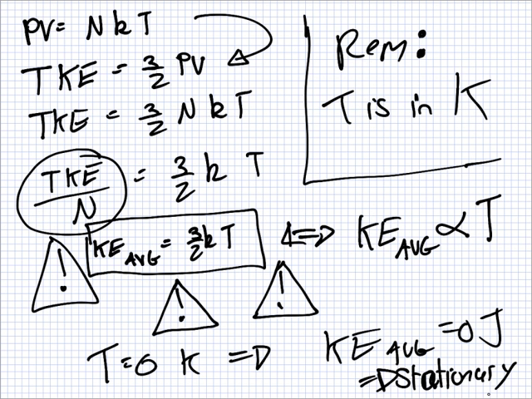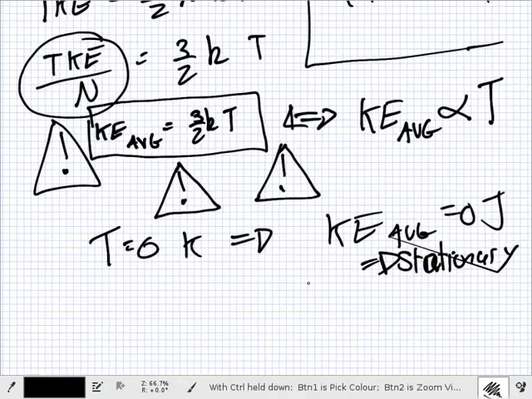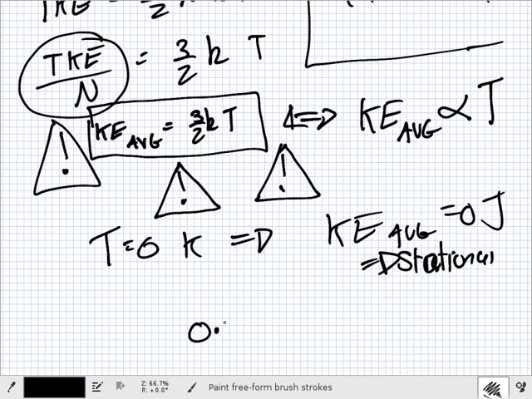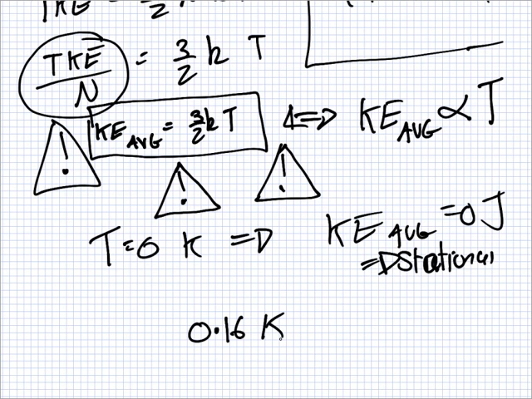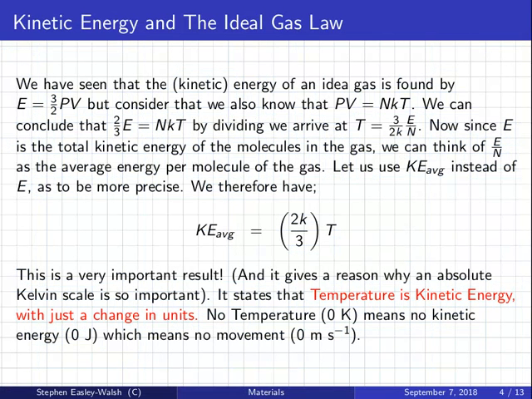I believe the smallest temperature ever achieved, if I remember correctly, is 0.16 Kelvin. I think this is the smallest temperature, or maybe even smaller. I'll have to look it up. It's never going to get to 0 Kelvin. It's too difficult. Not even possible, I think.